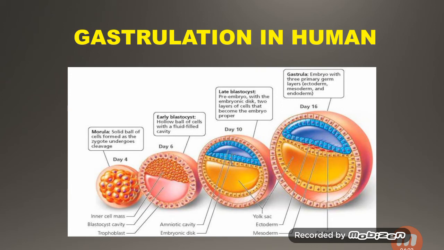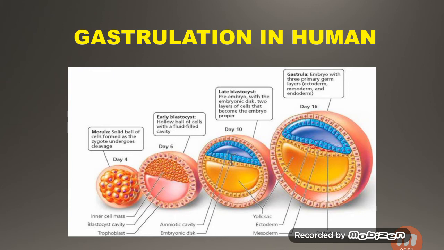The primitive streak expands at the cranial end of the embryo to create a primitive node in a circular depression, which is known as the primitive pit. This depression continues along the midline of the epiblast towards the caudal end of the streak. Caudal end is the tail end of the embryo, forming a primitive groove.